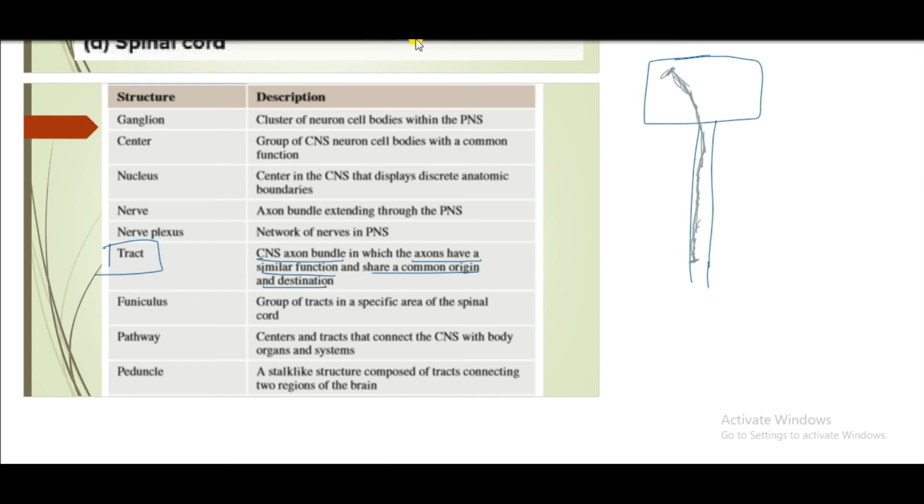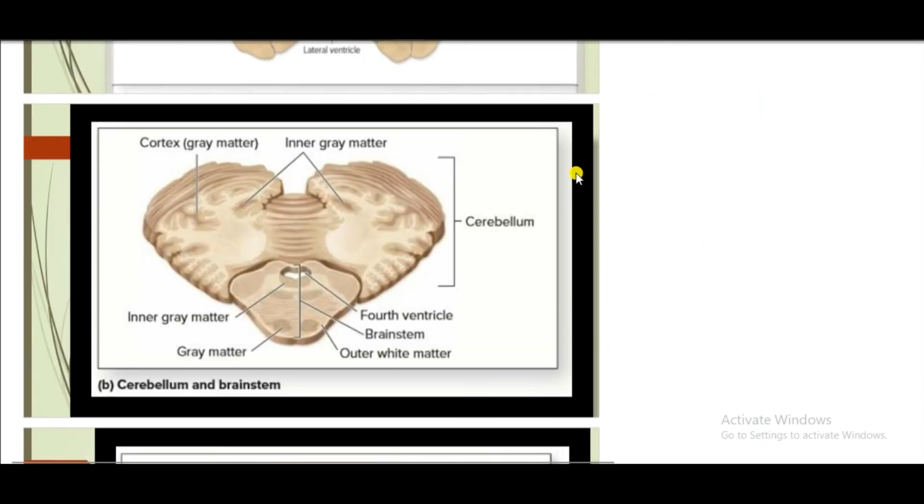It has a common origin and a common termination. For example, another one, this is also a tract. It is a bundle of axons which have a common origin and a common termination.